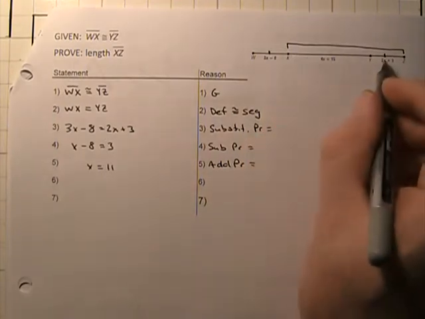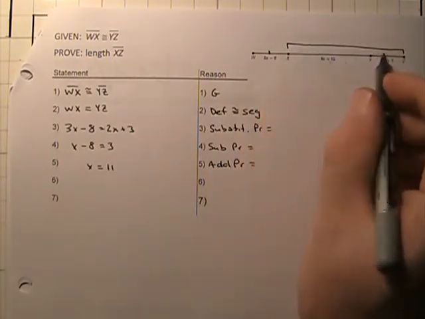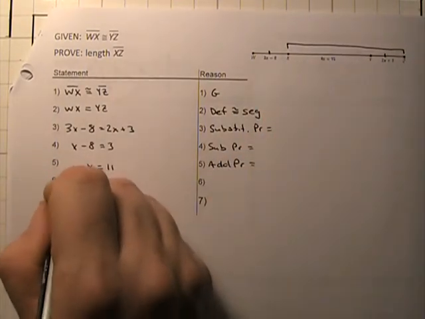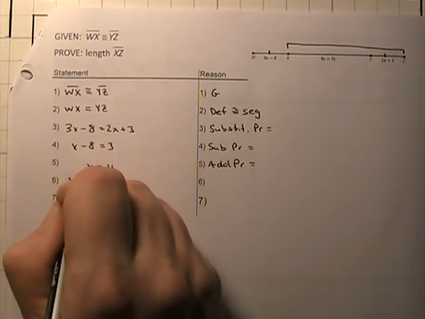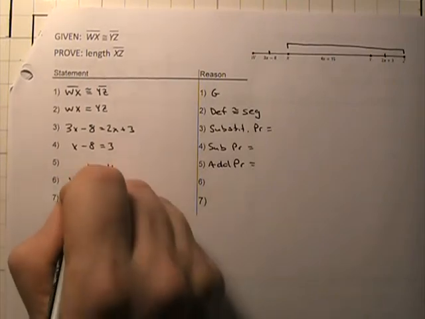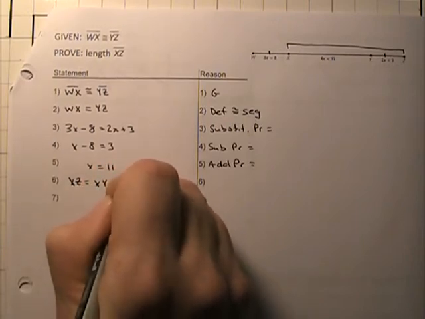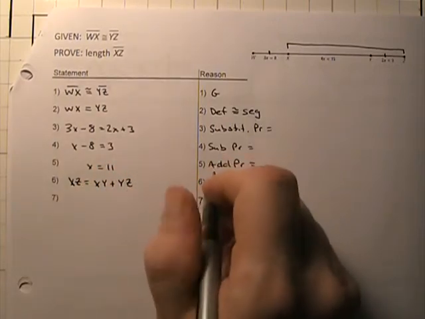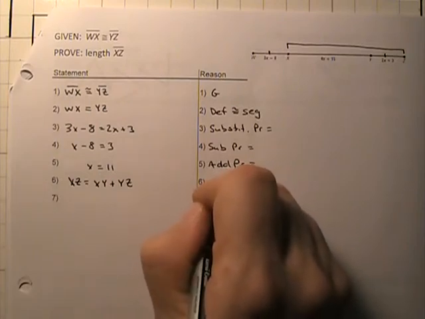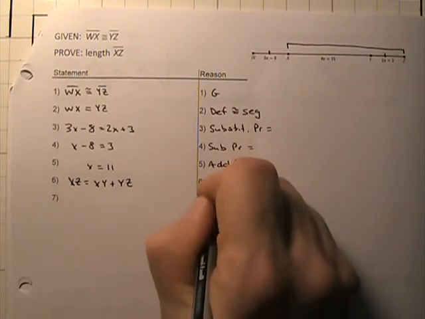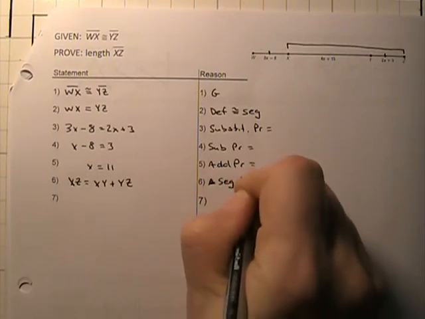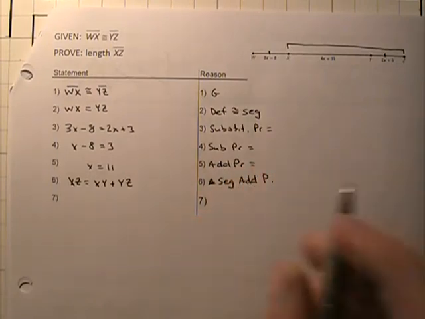But we wanted to know the length of both of these. So we're going to have to do a little more work here. So length XZ equals XY plus YZ. And that is the segment addition postulate.